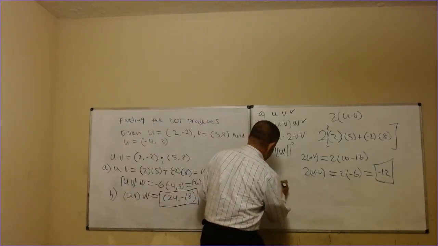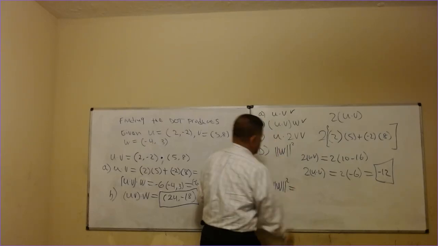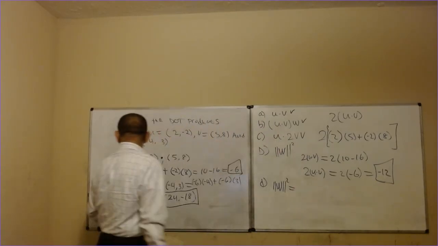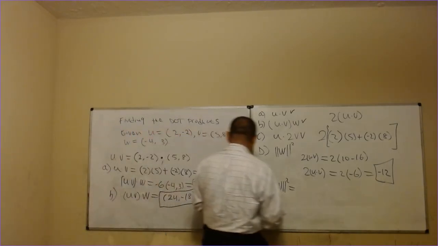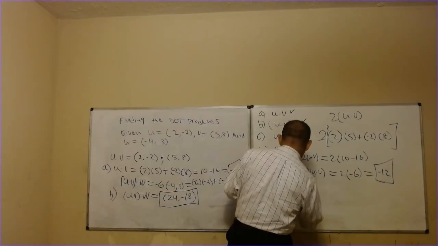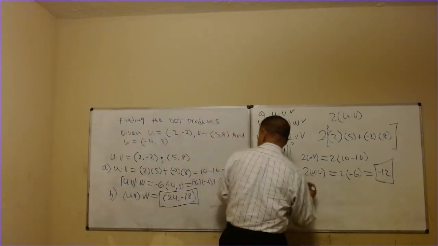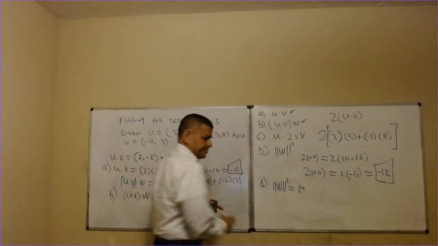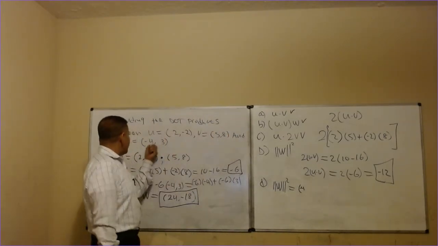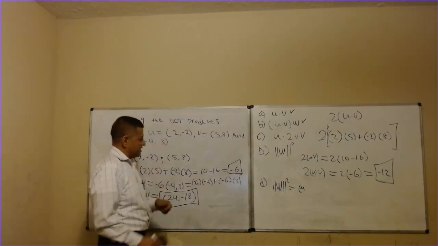So this is equal to what? W is equal to 4, negative 4, right? Negative 4 and 3, right? But remember, I am multiplying this twice, both of them. Multiplying this and this individually.